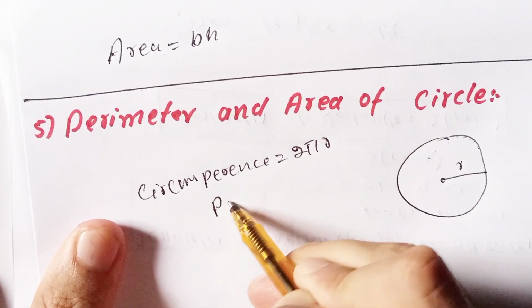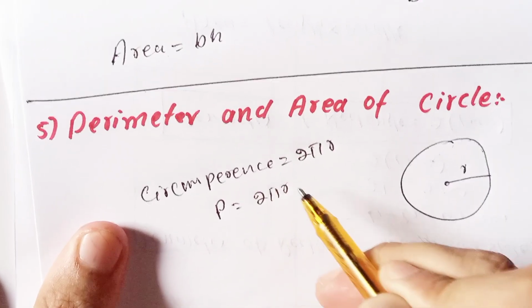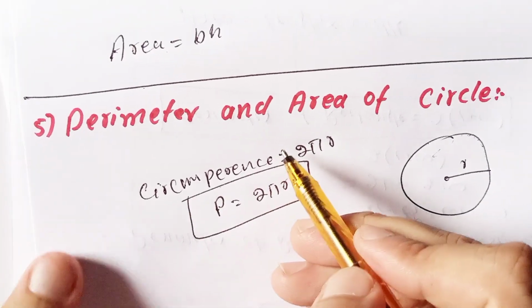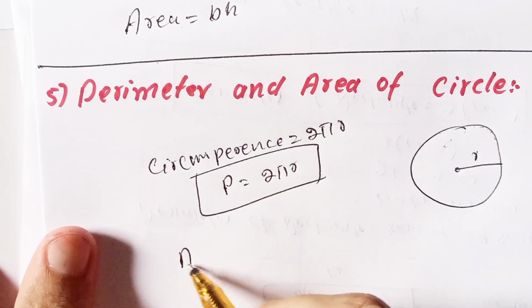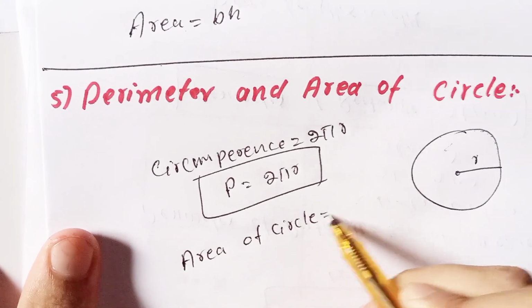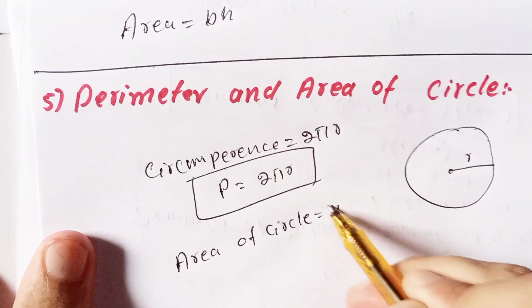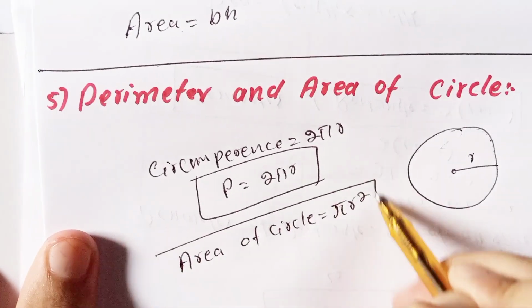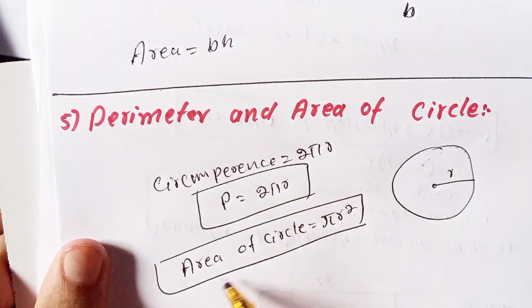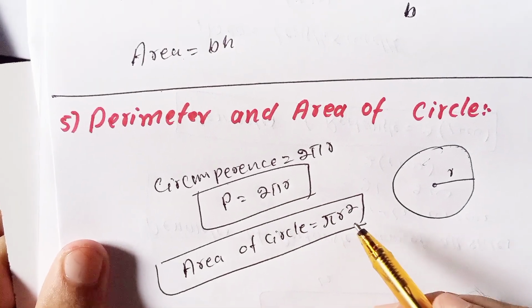So the perimeter of the circle is equal to 2 pi r, and the area of the circle is equal to pi r square. So the perimeter of circle is equal to 2 pi r, and the area of the circle is equal to pi r square.